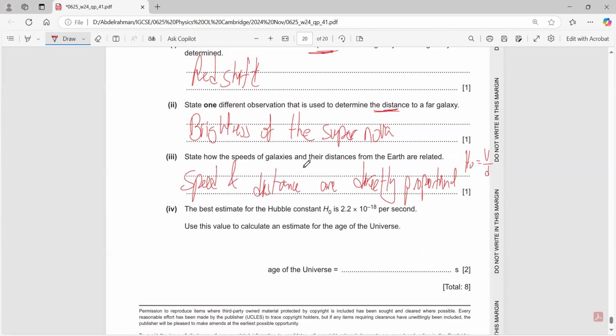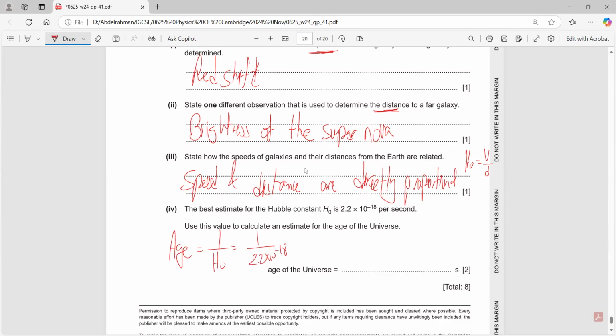The best estimate for the Hubble constant is 2.2 times 10 to the negative 18 per second. Use this value to calculate an estimate for the age of the universe. Can I find the age of the universe? Yes, the age of the universe is 1 over the Hubble constant, which is 1 over 2.2 times 10 to the negative 18. He wants to find the time in seconds, so you will not convert anything.